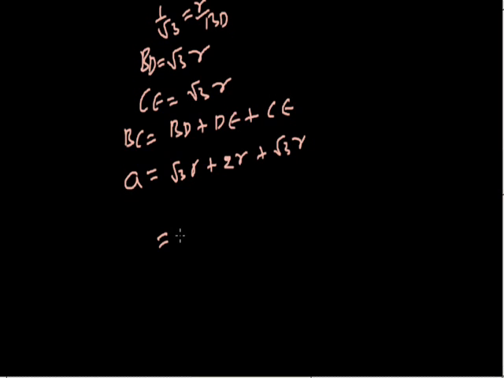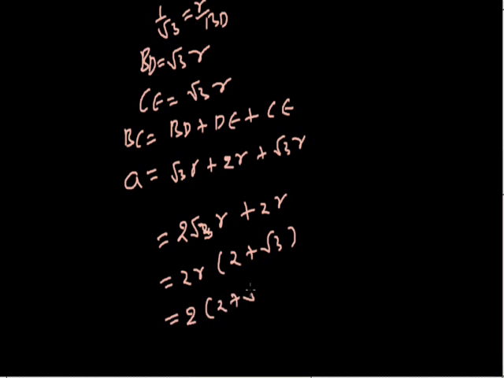By simplifying this, root 3R plus root 3R, we get 2 root 3R, and plus 2R. From these two, we take 2 common and R common. We get 2 plus root 3, or you can say a equals 2 into (1 plus root 3) R. Sorry, this should be 1 and this should be 1.